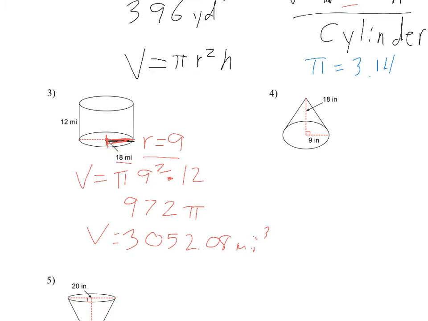Okay, so now we're going to switch from some examples with cylinders to examples with cones. Now if you think about some of these shapes here, let me see if I can erase some of this stuff.